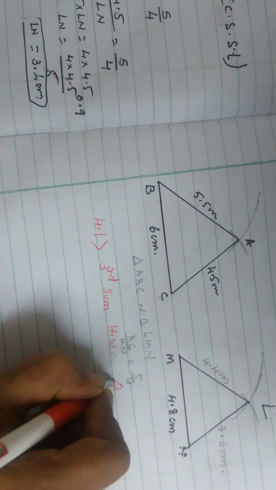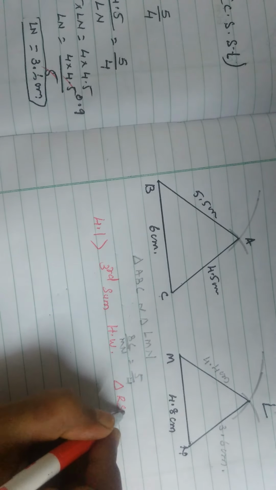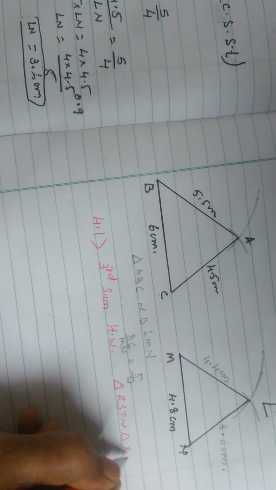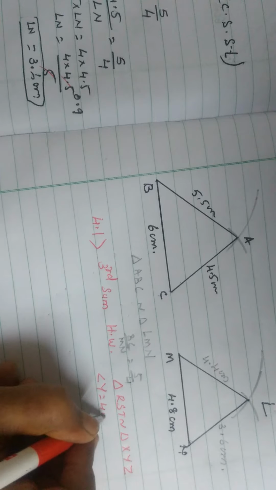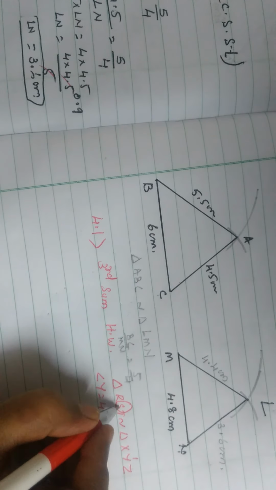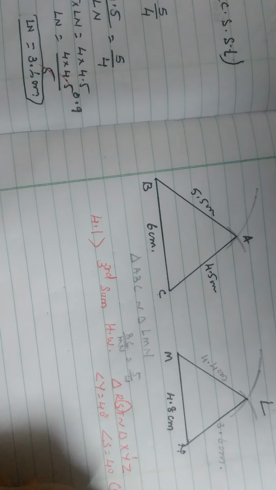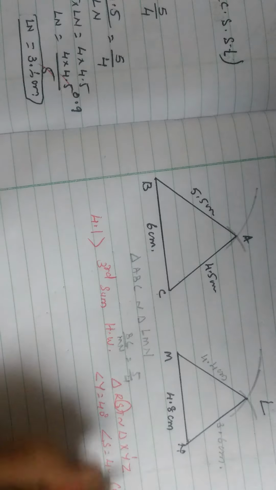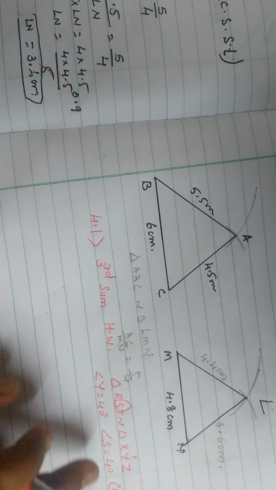There 2 triangles are given: triangle RST similar to triangle XYZ, and angle Y is given as 40 degree. Angle Y is 40 degree means which angle will become 40 degree? Angle S will become 40 degree because of CAST. The other 2 sides are also given. Similarly, you have to draw it.